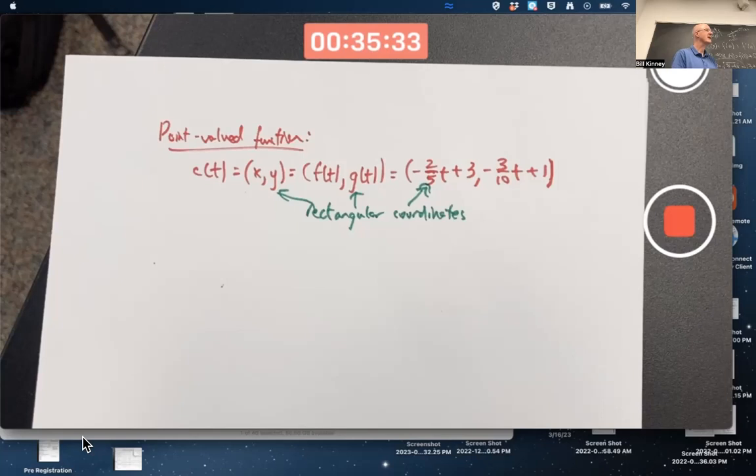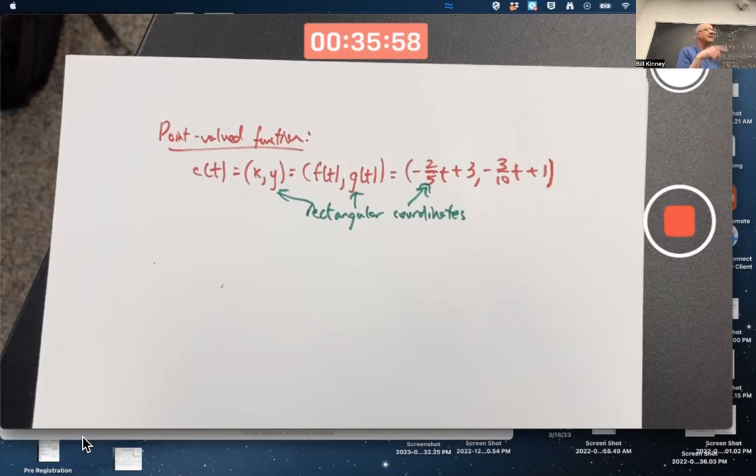What are polar coordinates? Well, you've got an ordered pair where the first coordinate, instead of being called x, is called r, and represents the distance to the origin. And the second coordinate, typically called theta, represents the angle that the line through the origin to the point makes with the positive x-axis. R, theta, polar coordinates.